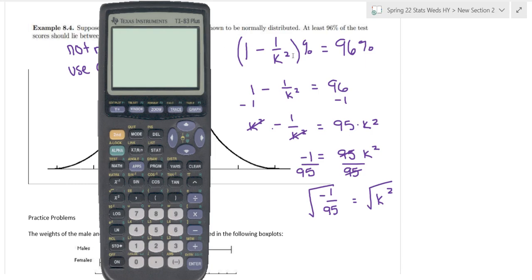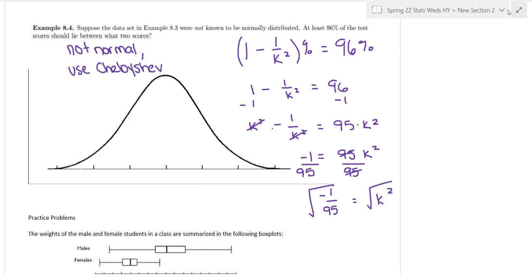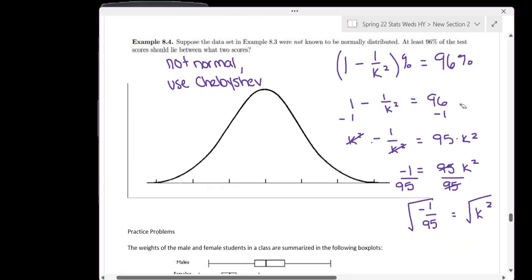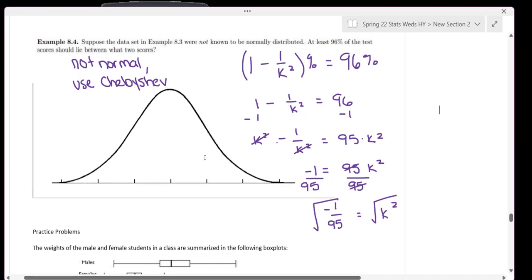Oh, oops. My bad. I need the eraser. It's 0.96, not 96. So I've got to fix it from right there. We don't want 95.